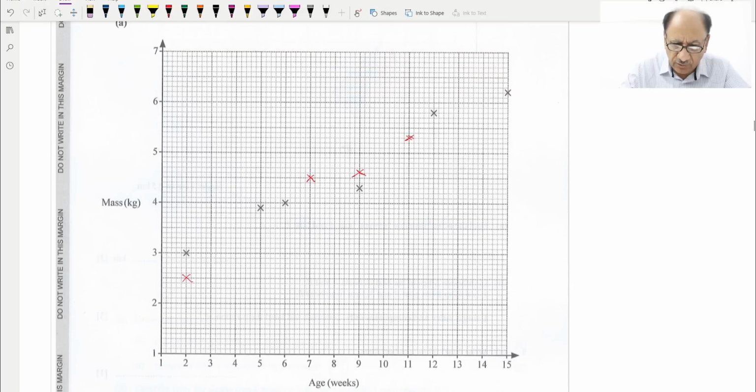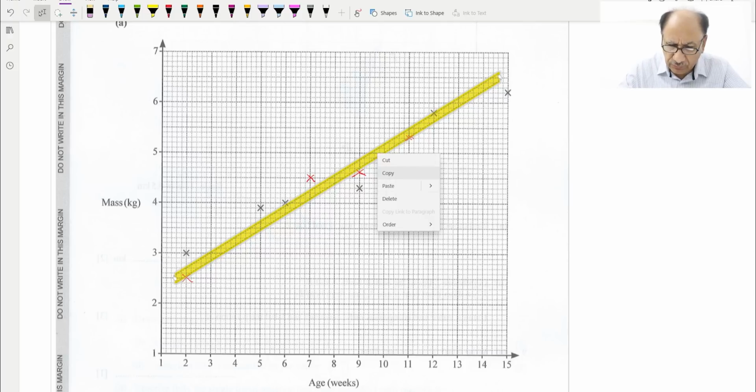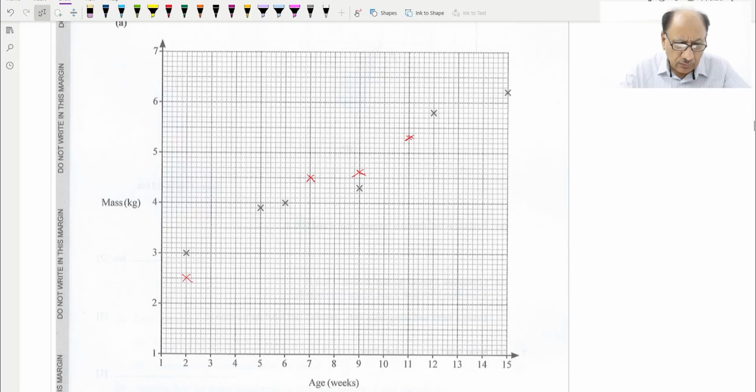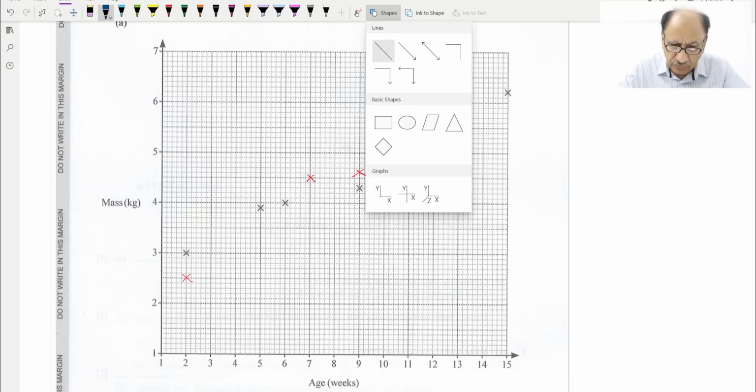If we draw the line of best fit, for example, we can draw over here like this one. So this is the thicker line. Basically I wanted to take the smaller version, like we can draw like this one.